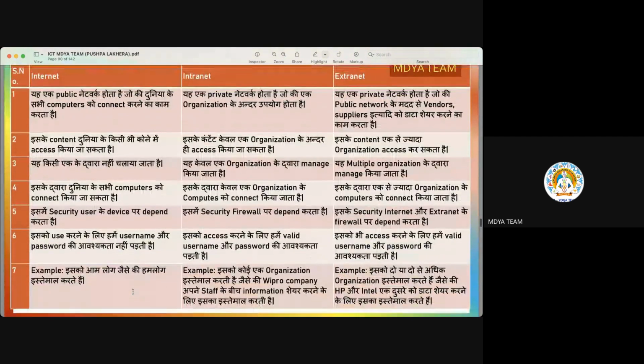Now, some of the characteristics of internet, intranet, and extranet. Internet is a public network, all right? Every single person having a device can connect to that particular site or whatever they want to. So they use internet. Every single person can use it if they have certain services or certain equipment. And intranet is somewhat private.